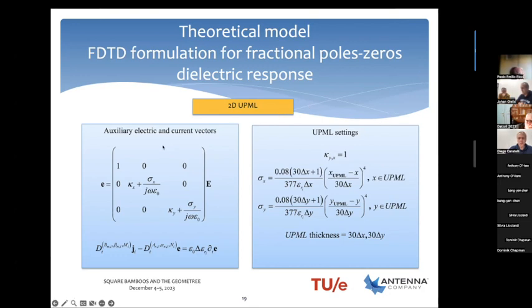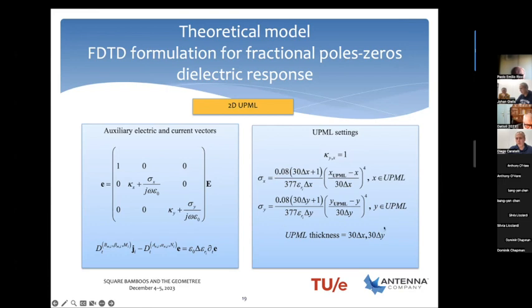The material is characterized by a certain permittivity tensor that is reported on the left-hand side, and the various parameters are optimized in order to enable the most effective numerical absorption of electromagnetic waves.